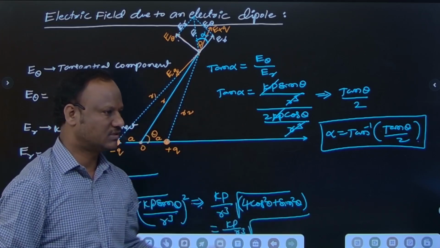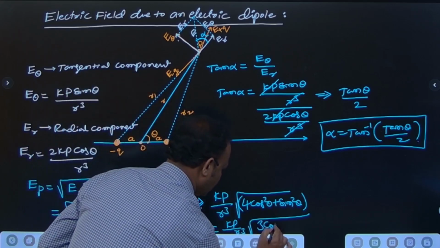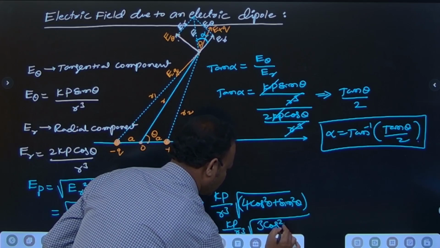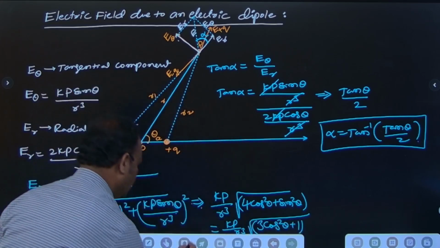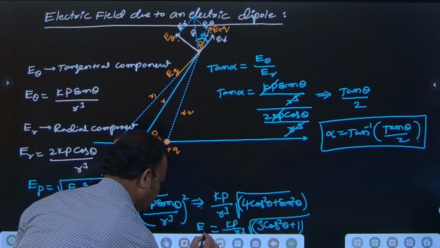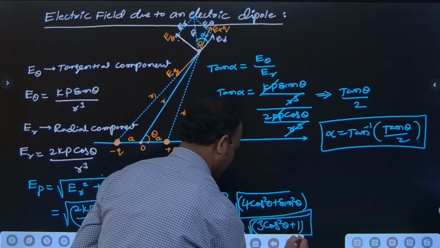Cos square theta plus sin square theta is 1. So 3 cos square theta plus 1 is your relation. This is the electric field at the point, making an angle theta. This is the condition.